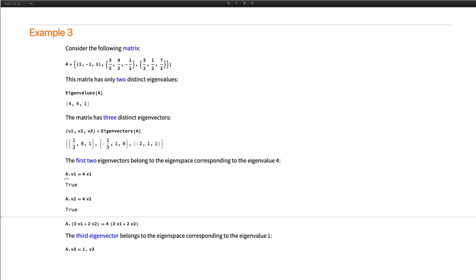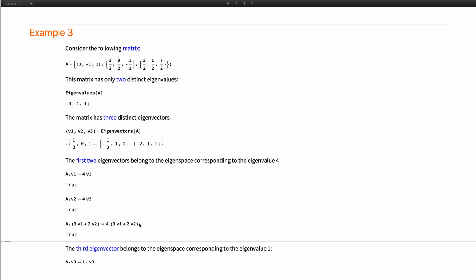Now, of course, if you take any linear combination of those, it is again an eigenvector. And the third eigenvector over here belongs to the eigenvalue 1. So that's the idea of computing the eigenspaces for eigenvalues.